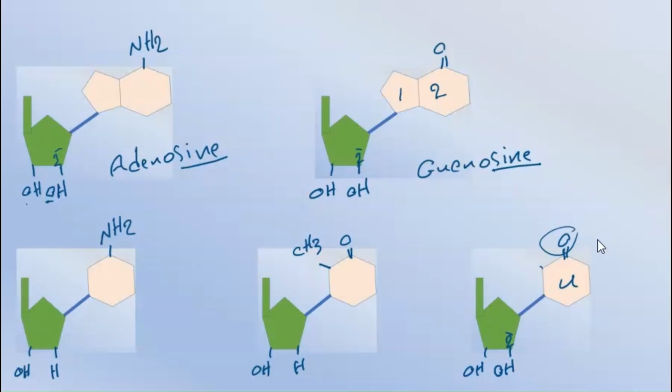What about this? 1 ring, amino group. This is going to be called cytidine, right? What about this? Careful now. This is thymine. It cannot be present in RNA, and so the structure is wrong, right? So, and this, of course, is going to be uridine.